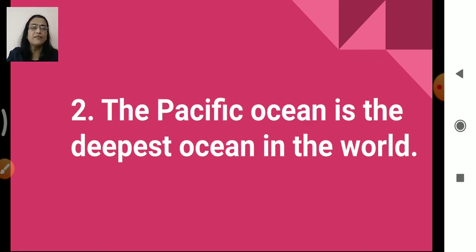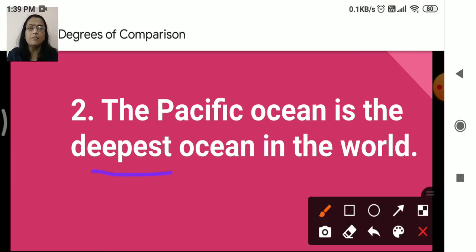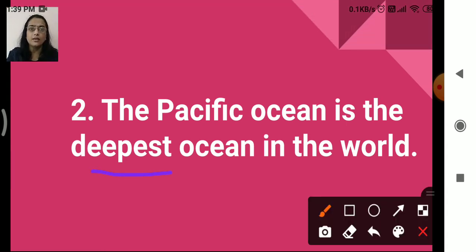Then the Pacific Ocean is the deepest ocean in the world. So there are so many oceans in the world, right? So the comparison is between two or more than two? More than two. So then what is the answer? The Pacific Ocean is the deepest ocean in the world. So we have used the and deepest also.